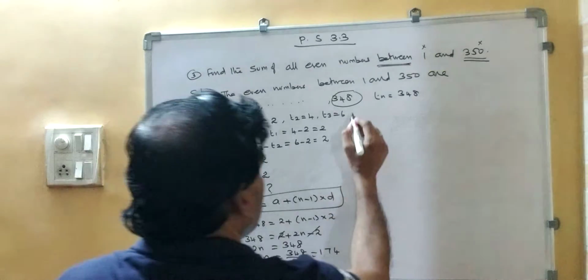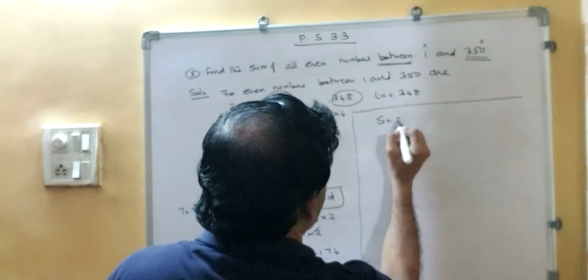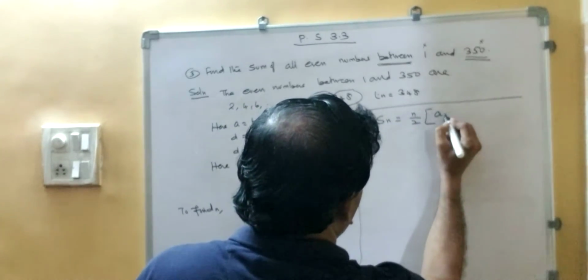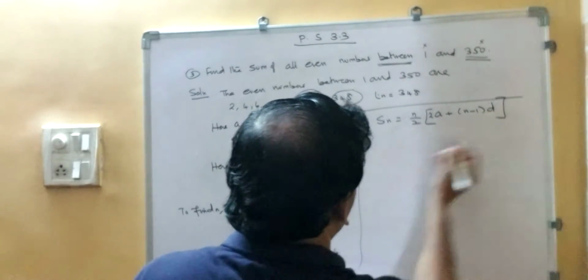Now we have a, d and n. So the sum of the terms of the AP, Sn equal to n by 2 into 2a plus n minus 1 into d.